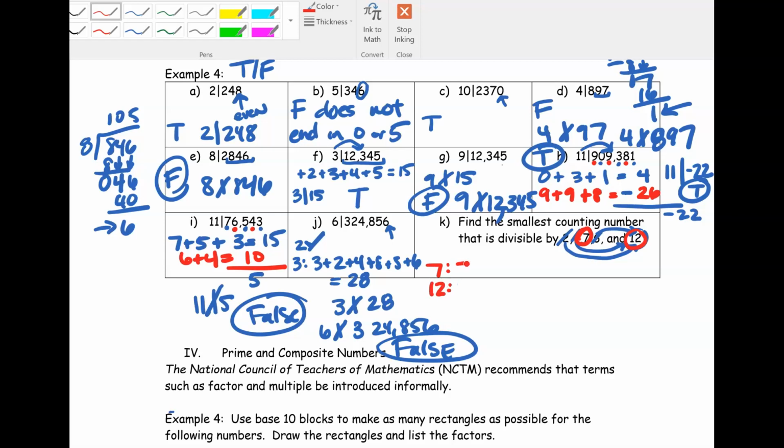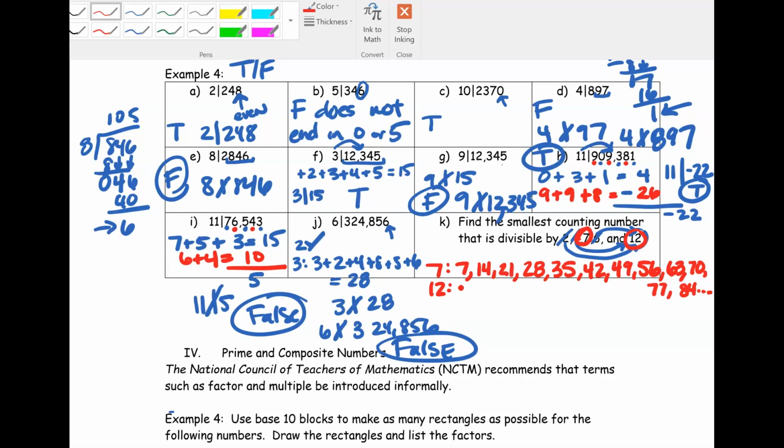So 7 times 1 is 7, 7 times 2 is 14, 7 times 3 is 21, 7 times 4 is 28, 7 times 5 is 35, 7 times 6, 7 times 7, and so on up to 7 times 12. Okay, and we could keep going. Sometimes with these, you don't really know when to stop. So my advice is just, go however long you think, and then you may need to go some more.